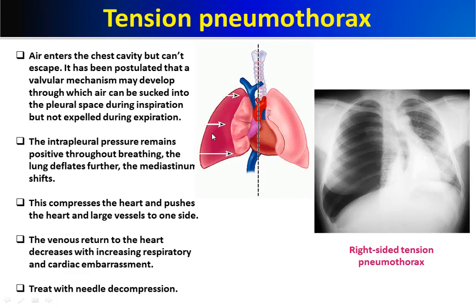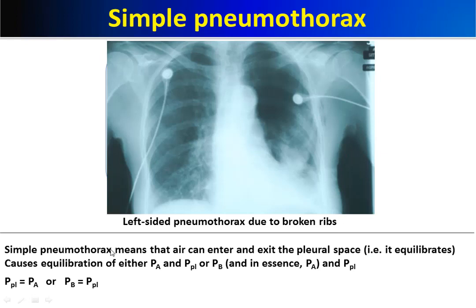So what happens here now, the intrapleural pressure keeps on increasing and it remains positive throughout the breathing cycle. Remember, in simple pneumothorax, the intrapleural pressure is equivalent to the alveolar pressure, or the pleural pressure is equivalent to the barometric pressure.